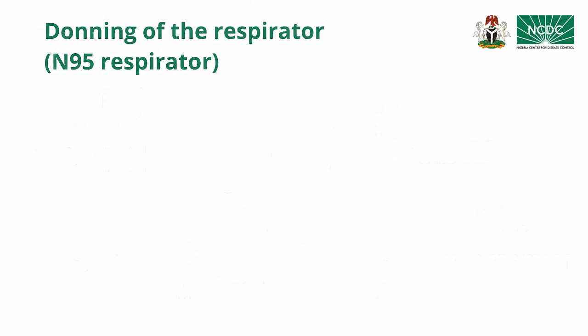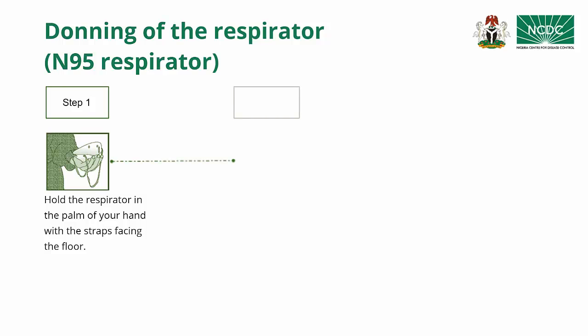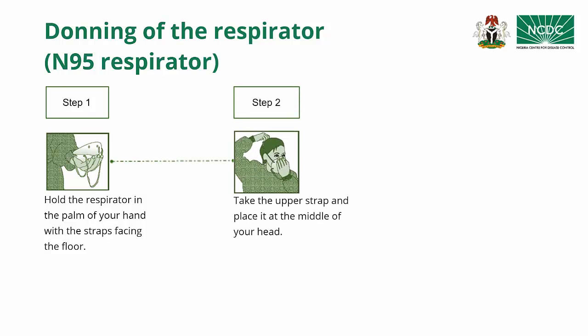To properly don the N95 respirator, follow these steps. Remember to perform hand hygiene. Hold the respirator in the palm of your hand with the straps facing the floor. Take the upper strap and place it at the middle of your head.